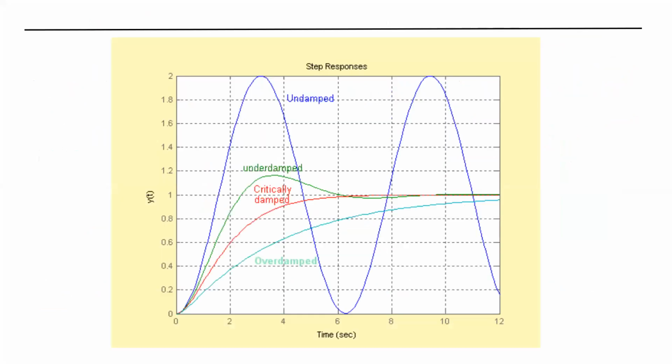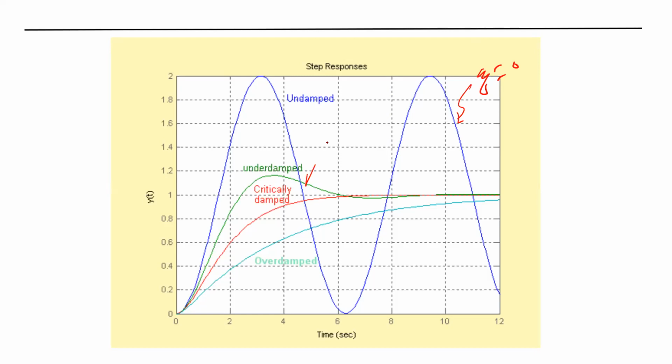Now look here. Doctor, the critically damped response is slower than the underdamped, right? Yes, but it doesn't have overshoot. This is the response for a step for the 4 cases. This is zeta equal to 0, the undamped case.